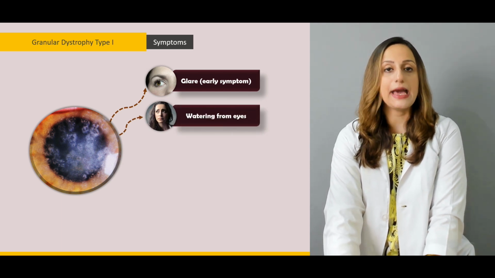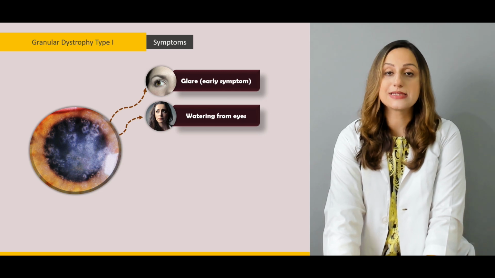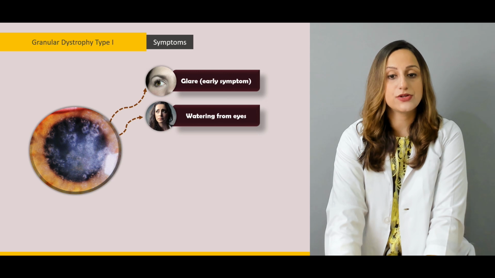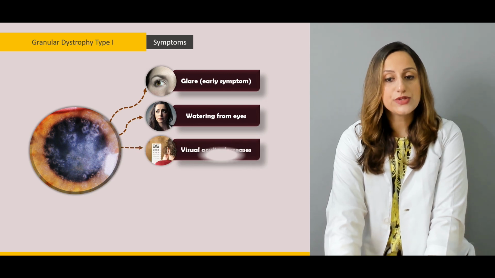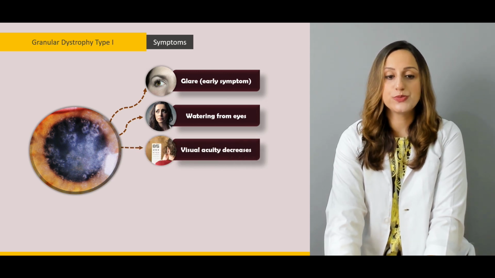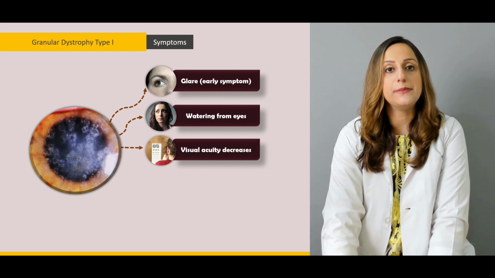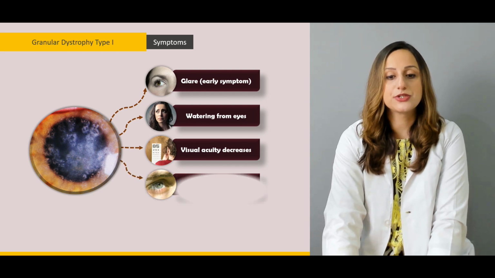Watering from eyes, epiphora, excessive lacrimation is basically a part of the irritative processes that are taking place. Then obviously the visual acuity is also going to be decreased due to the excessive granulations, whether they are grayish, brownish, or the milky white appearances observed.